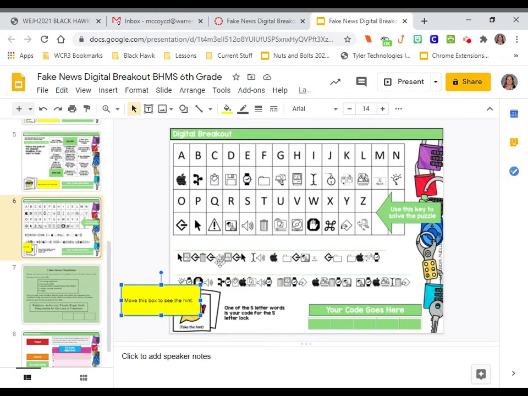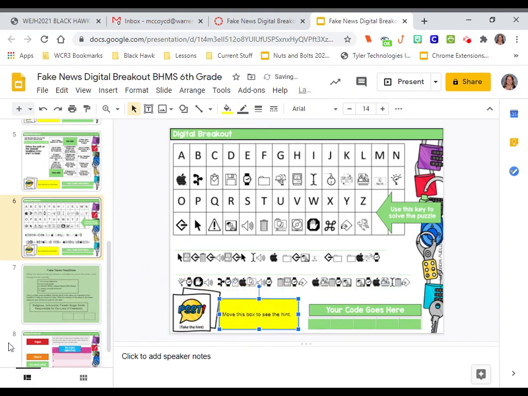So once you figure this out, you can type above it so you don't forget what it was, but one of these words that you figure out is going to be what goes in here. And I moved that clue because the clue actually should be part of the directions, but there we go.